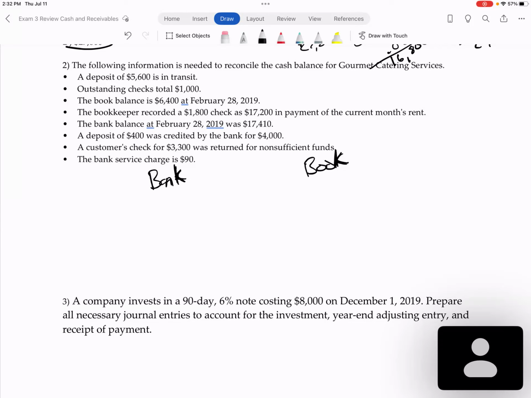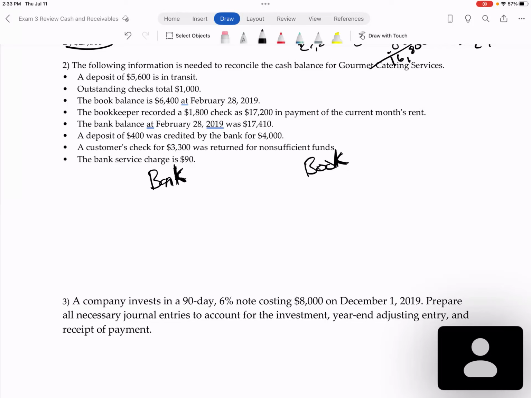The logic behind this is the two are different, but they're only different because of temporary differences. The bank may know about some things that we don't know about yet. We'll know about them as soon as we see the bank statement. And the book may not know about some things that the bank knows about, and the bank may not know about some things about the book.